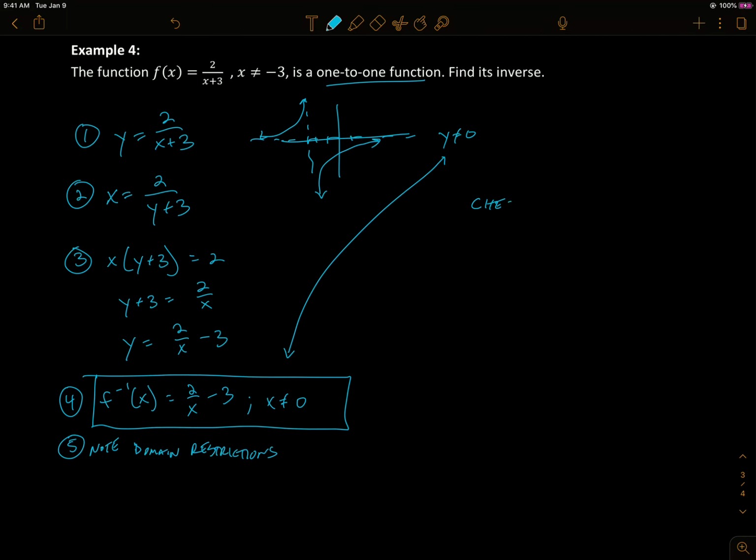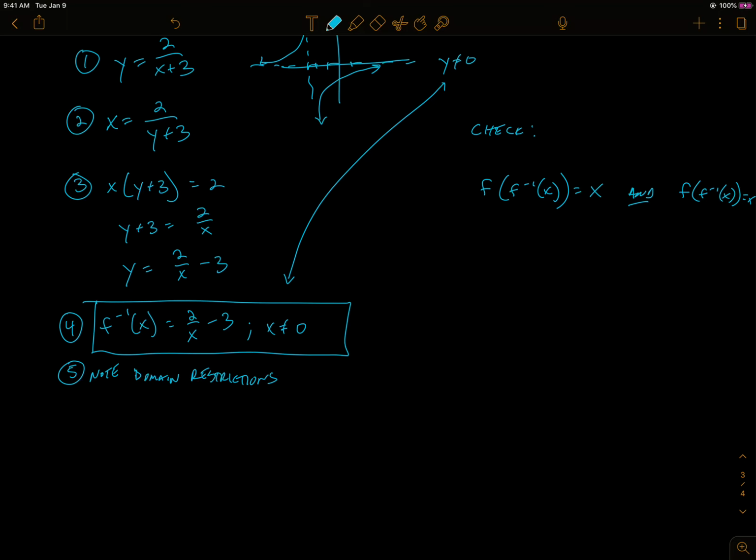Remember, we can verify by showing that f of f inverse of x equals x, and f inverse of f of x equals x. So keep in mind what we're doing here is showing that f undoes f inverse and f inverse undoes f. I'm not going to go through this.